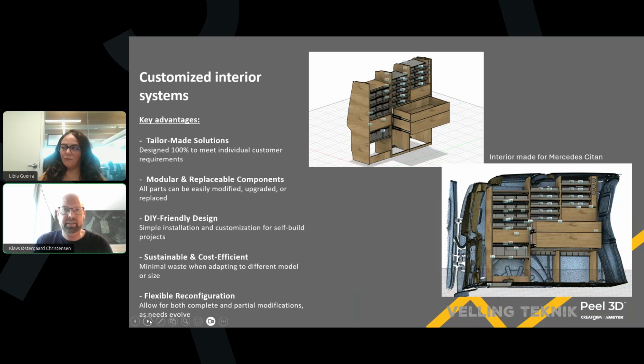That's why we got in touch with a company called Kvibor in Denmark that works with Creaform and sells and uses the scanners. So we got hold of the Peel 3D scanner and scanned a van and then started drawing. And that ended up in this.